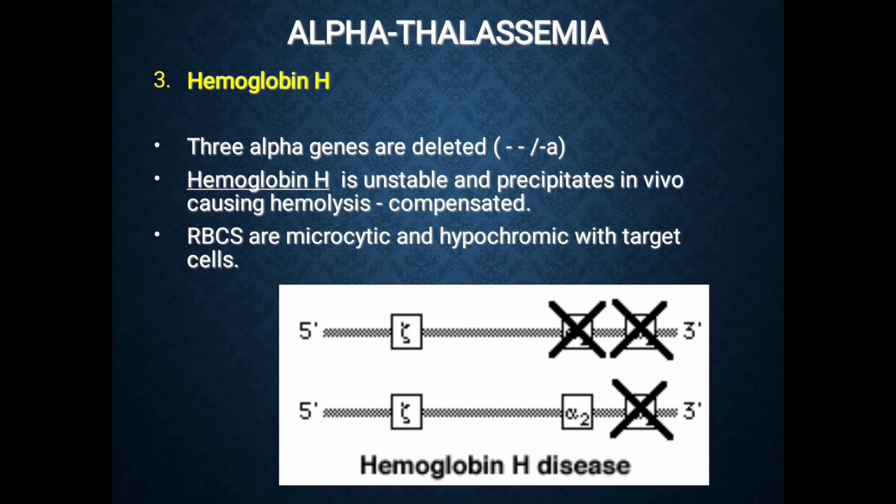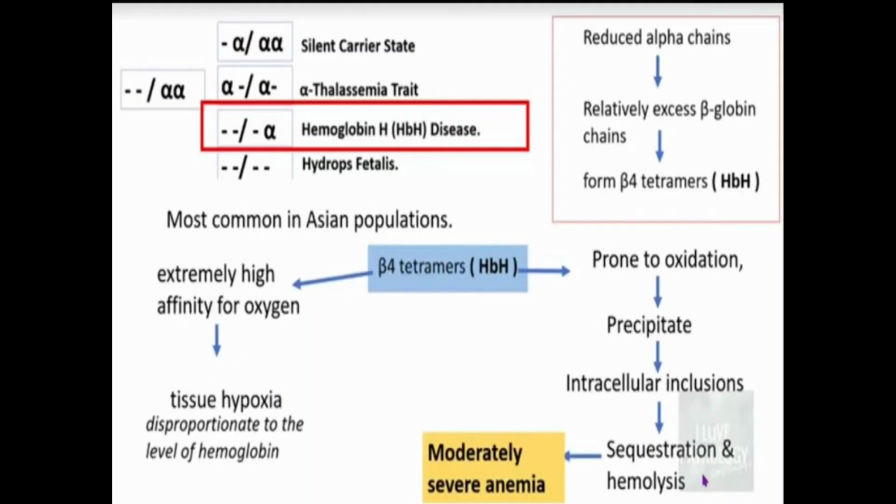HbH, here what happens is three genes will be deleted, so only one alpha gene will be normal. Due to there being very few alpha chains, with three deleted and only one gene present, there will be increased beta globin chains in these patients, leading to formation of something called beta tetramers.